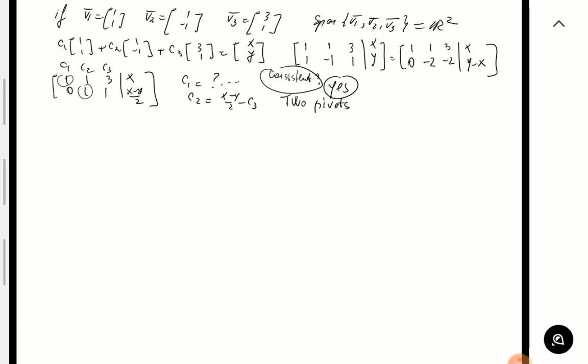and no matter what x, y, and for any C3, I'm going to get a linear combination, right? Not only do you get a linear combination no matter what x and y is, you get infinitely many linear combinations for any vector x, y.